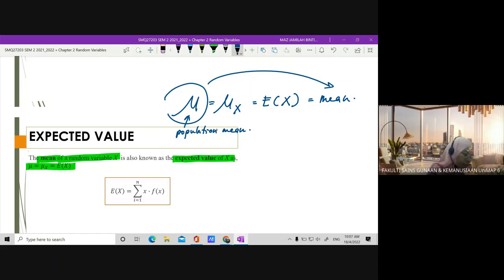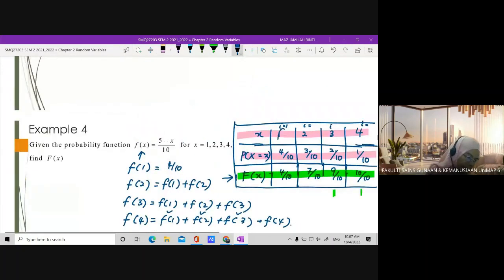How to find the population mean? So this is the formula. I will multiply each x involved with its function of x. Which x? This x1, right? And this particular fx, this one is our f1, or fx1.